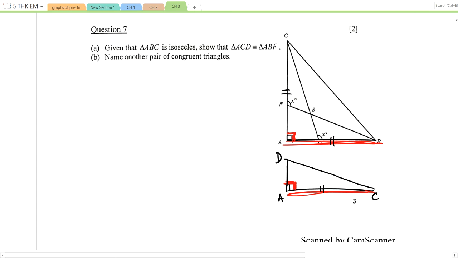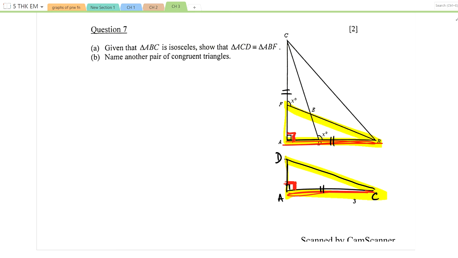If I have a side and I have an angle, do you want to try using SSS? No, right? Might as well find either another angle or another side already, right? Okay, so comparing these two triangles in yellow, do you want to find another side or another angle? Angle.